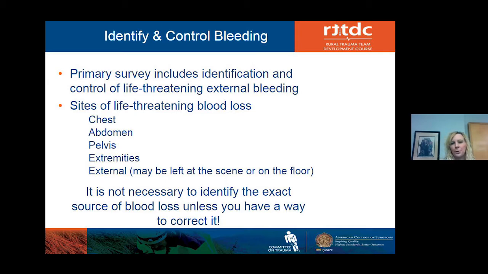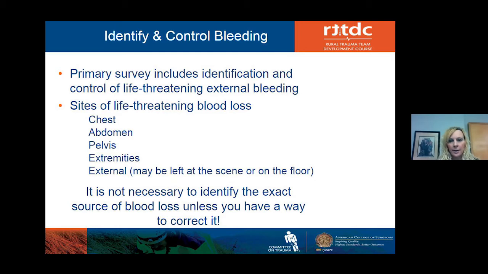That's why it's really important to talk to your pre-hospital providers and ask, how much blood loss was there? Was it a lot? Was it a little bit? Look at the gurney, look at the patient's clothing to see if it's saturated, because you can lose a significant amount of blood from something like the scalp wound in the patient we talked about at the beginning. You can die from blood loss from a scalp wound without really seeing too much when you first look at it.